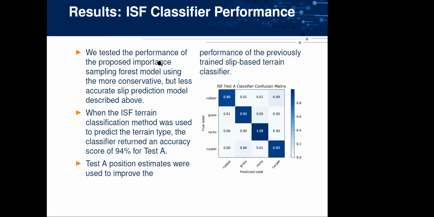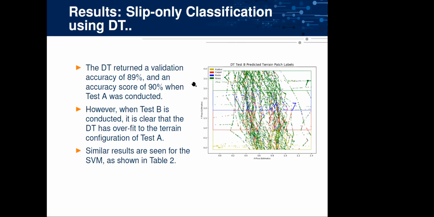But when we did our test, you can realize that actually the classifier was overfitting to the setup that it was trained with. So the decision tree classifier using sleep only estimates is not working.